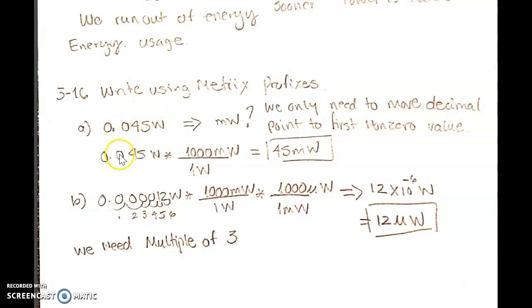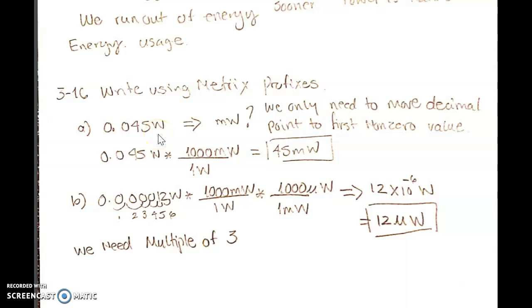So let's see. I have 0.045. So I go to here is 1 time, to here is 2 times, to here is 3 times. That's how I know that I should go to the milliwatt. That is the closest next value that I can use the prefix. Can somebody tell me why I don't use the microwatts?